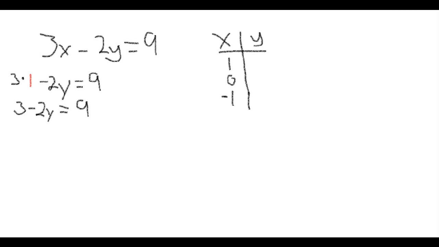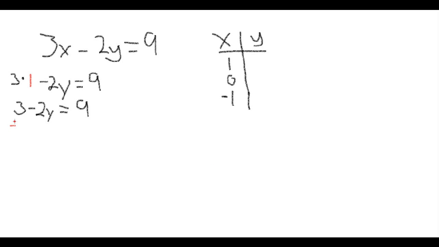We need to get rid of that 3, so we need to get rid of the number 3. The way to do that is we need to add the opposite of 3 to both sides. And the opposite of 3 is negative 3.